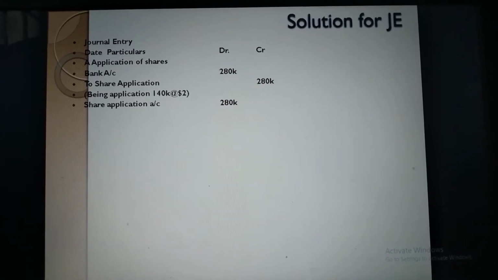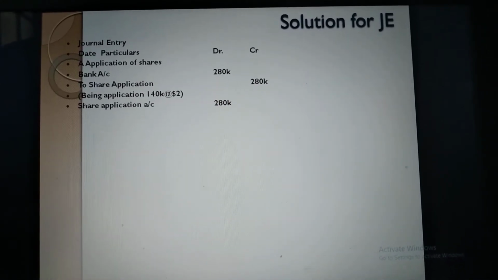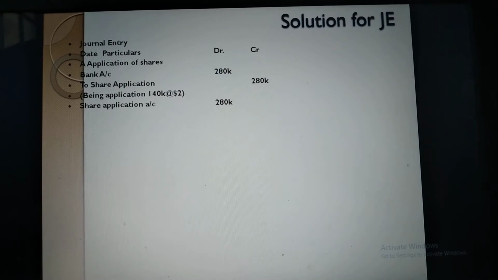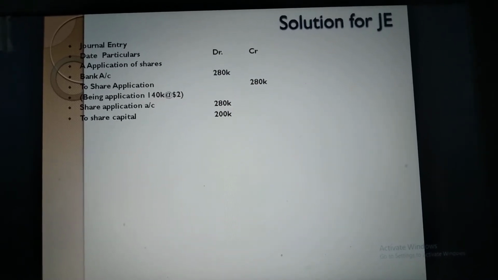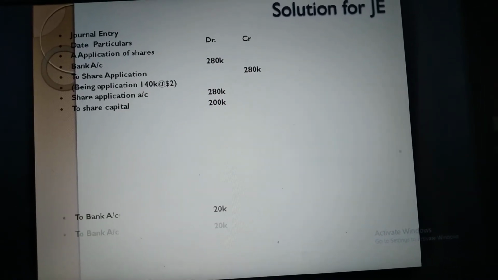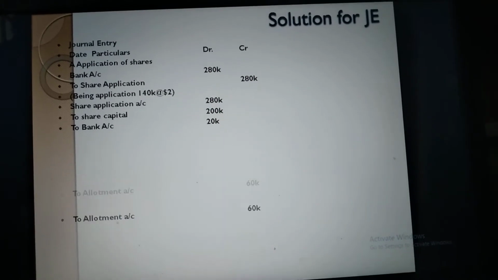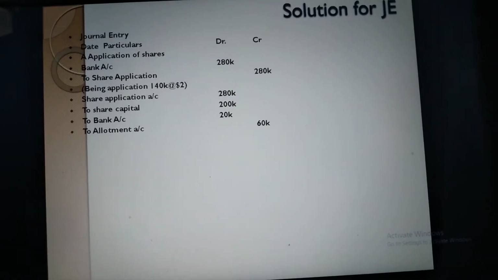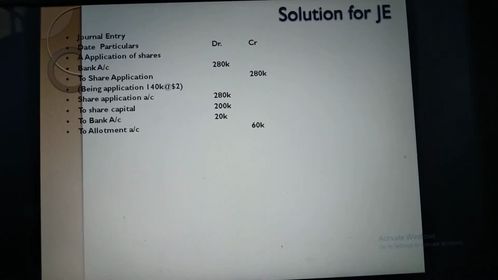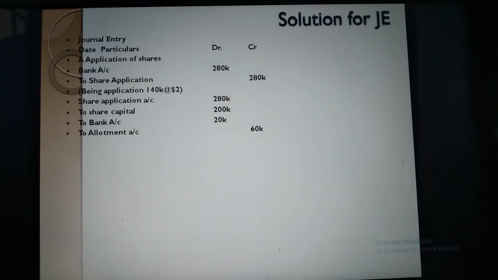Number 2, transaction. We transfer these shares to the respective accounts. So we are transferring these shares to 1, share capital, 2, bank account, 3, allotment account. So in our transfer, we are transferring 280,000 to share capital.